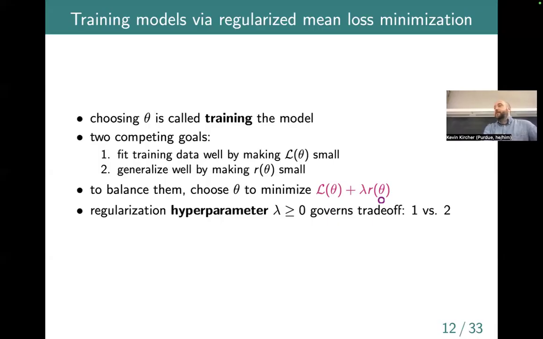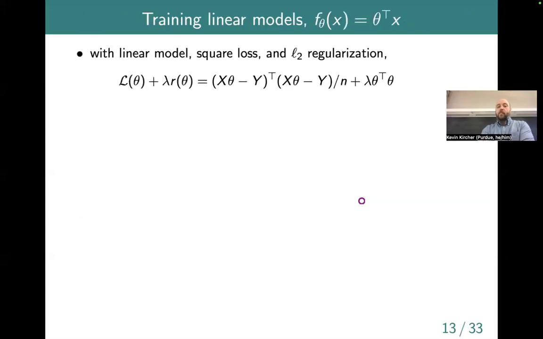It would just give theta equal to 0, the 0 vector. And then in between those two extremes, as we increase lambda, we're saying put more and more weight on the regularization and less weight on fitting the training data. Okay, I'll show some examples of all these things in just a second.